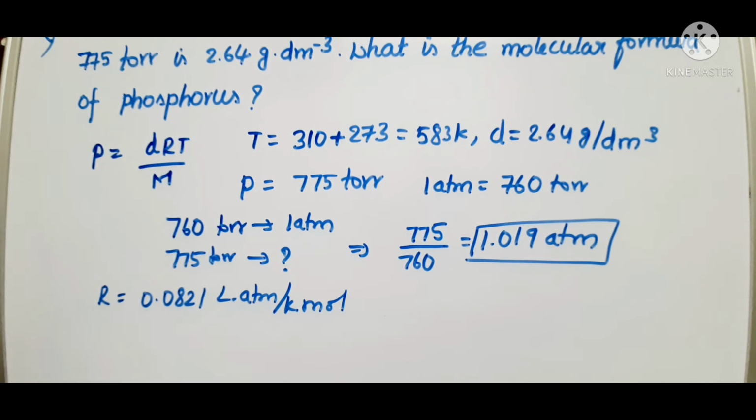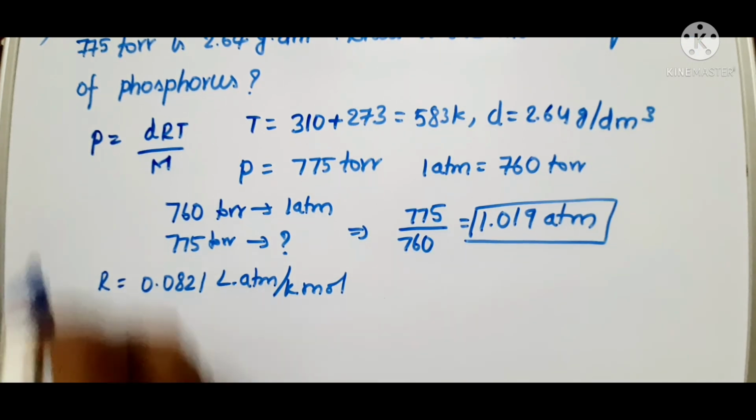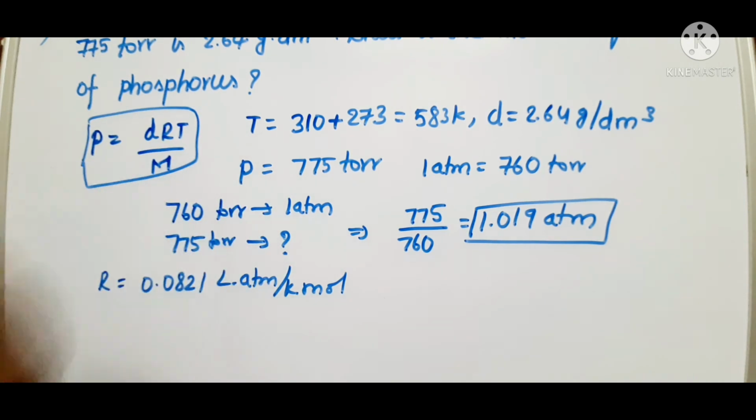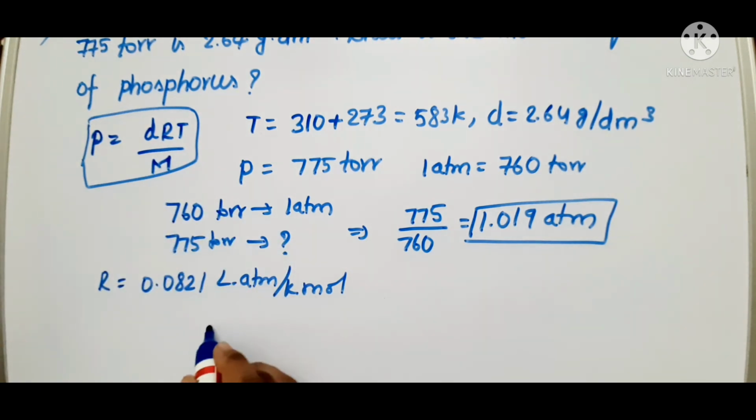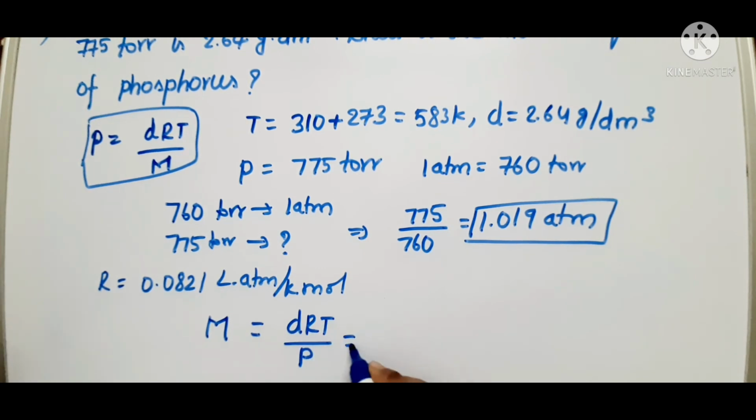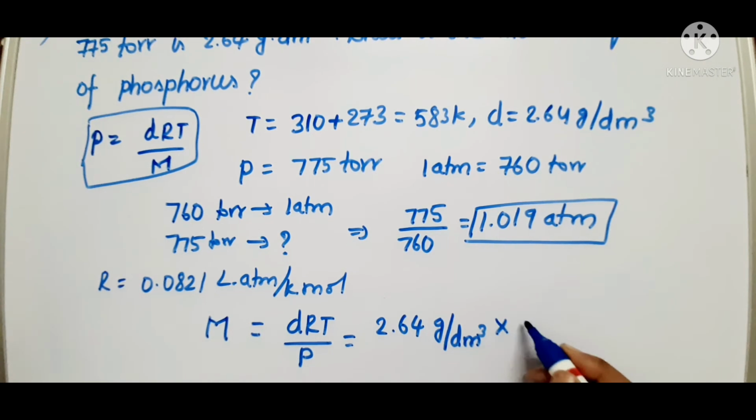So this is the given data you have. When you substitute in this ideal gas equation, what do you have to calculate here? The molecular formula. That means you need to know the molecular mass first of all. So what is the molecular mass here? That is capital M. So you have to calculate capital M here. The equation will be M equal to dRT by P. When you substitute these values, 2.64 grams per decimeter cube into 0.0821.